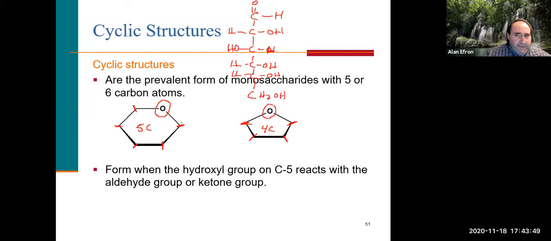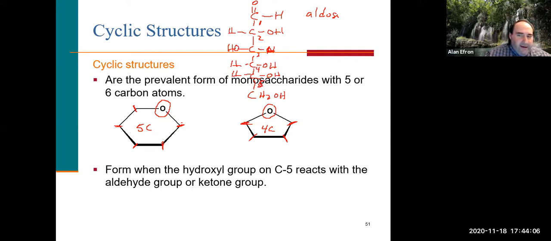So what typically happens, especially in the case of an aldose like we have here, is if we count the carbons, this is carbon 1, this is carbon 2, this is carbon 3, this is carbon 4, this is carbon 5, which I drew in a bad spot there.